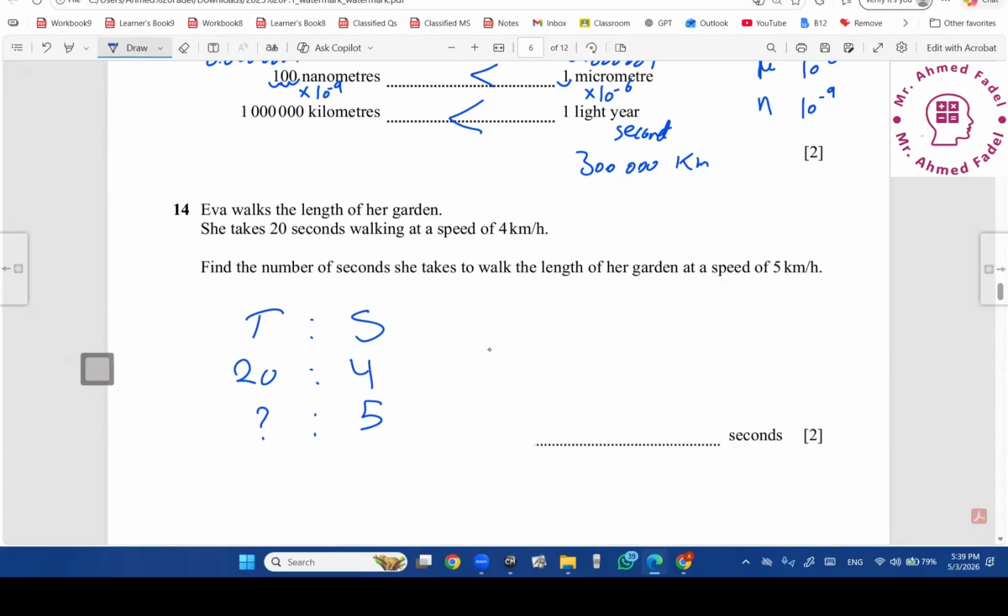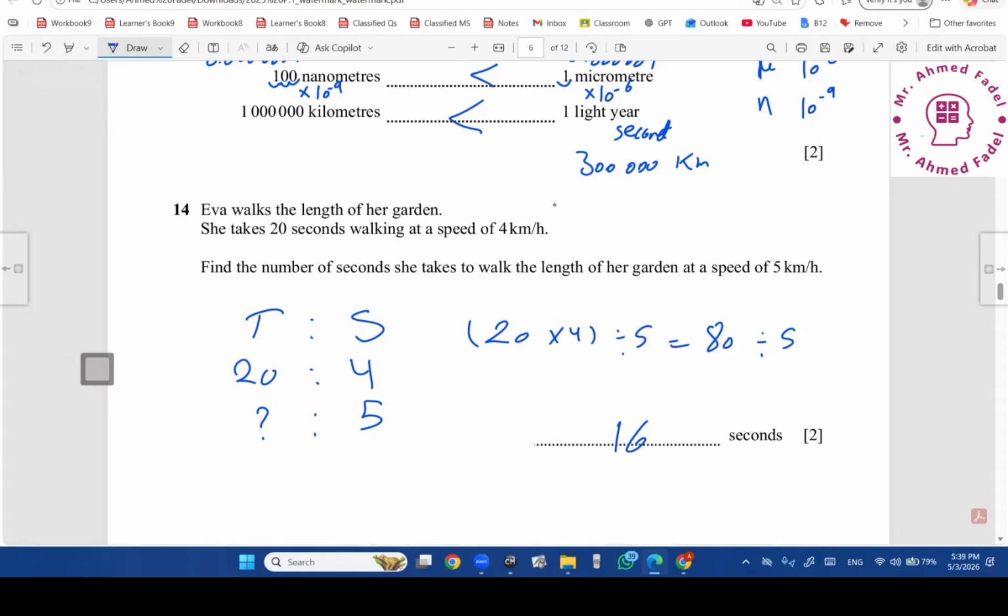Then use that trick that I taught you before. You multiply 20 by 4 and then you divide by 5. So it is 20 times 4, then you divide by 5. 80 divided by 5 gives exactly 16 seconds. So the answer is 16 seconds.